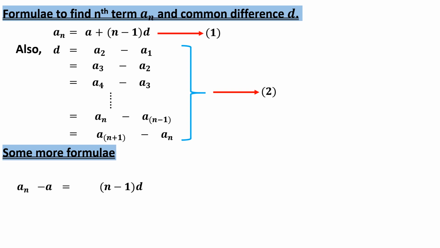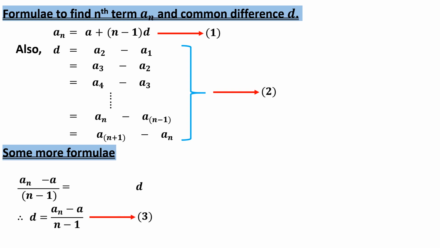Therefore, when it is transposed to the left hand side, it must divide an minus a, like this. Therefore, we have got another formula for common difference. D equals an minus a divided by n minus 1. This is the third formula.